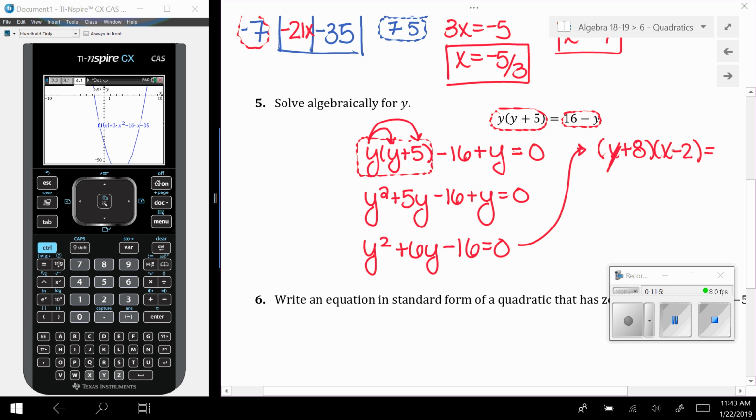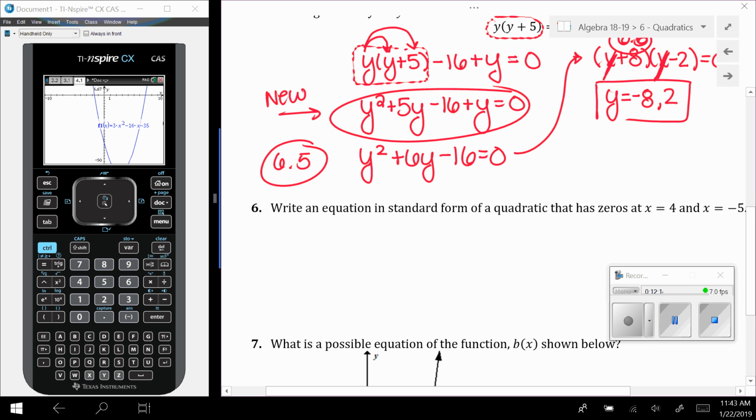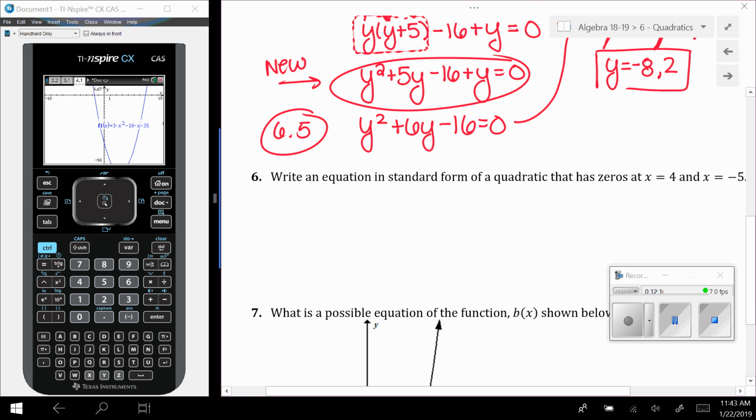I changed the y's to x's, so here is the factored form. And then last but not least, you set each piece equal to 0. This is the only new thing. The rest of this is from 6.5 where you factor and then you set each piece equal to 0. So the new thing is figuring out how to set the pieces equal to 0.